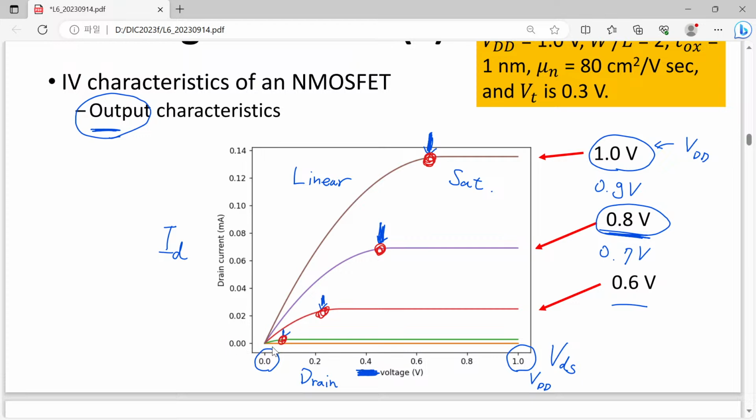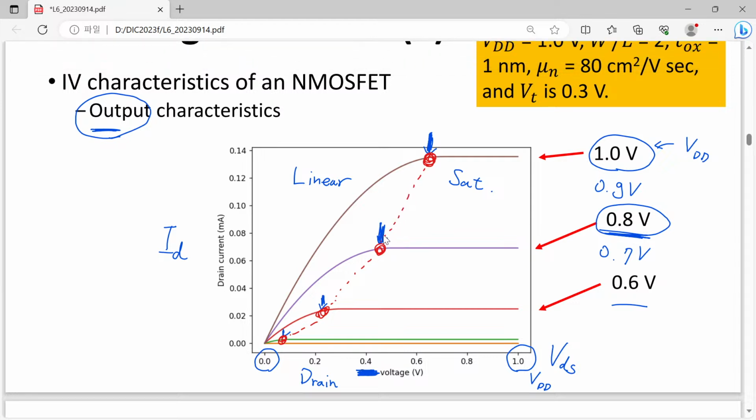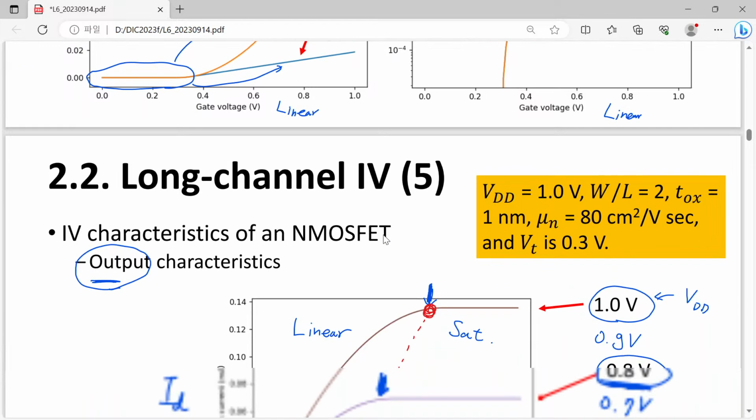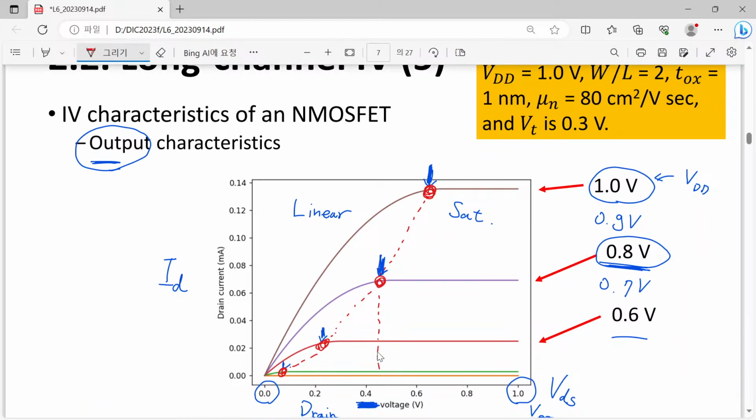Oh, so what happens if we just connect them? Then you can find they look like a parabola. It is because, what is their x position? Their x position is the voltage for saturation mode.